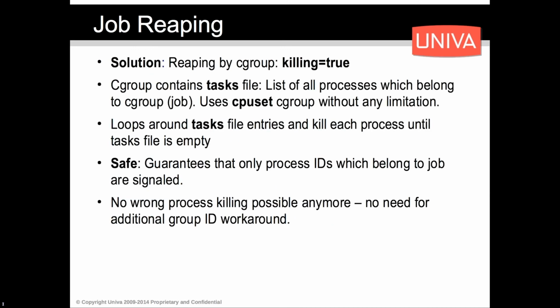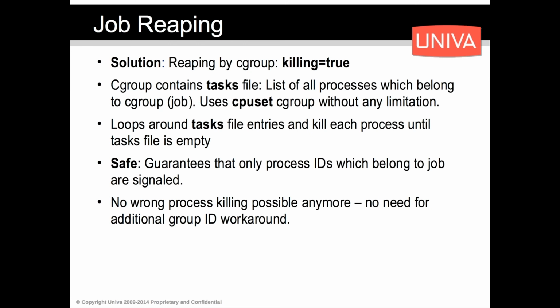Now, a solution for this is setting the killing equals true cgroups parameter in the Grid Engine configuration. What the Grid Engine execution daemon now does is track the tasks file of a cgroup, which contains all process IDs which are part of the cgroup.